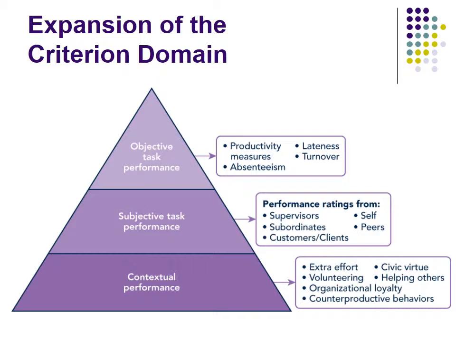And finally, once we have our objective and subjective measures of task performance, we also want to recognize that we may, depending on the job and the complexity of the job, want to include items that actually measure contextual performance. Providing extra effort, volunteering. Civic virtue is basically just protecting the organization, helping others, organizational loyalty, and also not performing counterproductive behaviors.